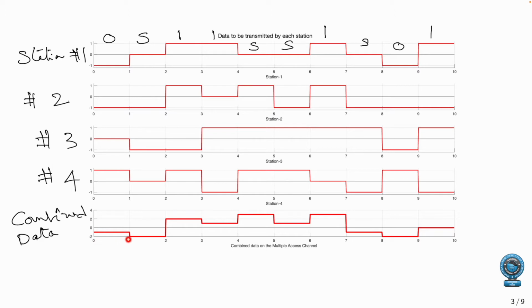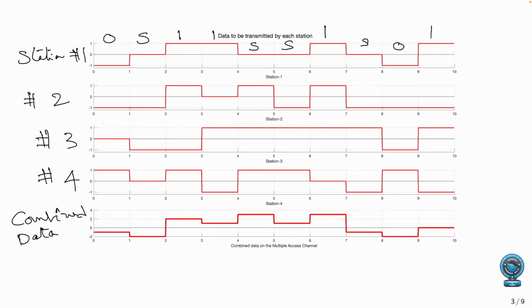He has just received -1, and this -1 could have come from so many combinations. It could be that just one of the stations had 0 to send and all the others were silent. And even then, he doesn't know which station had the 0. So the data cannot be extracted correctly. That's the problem.